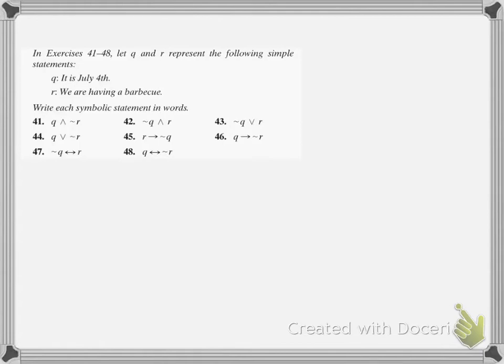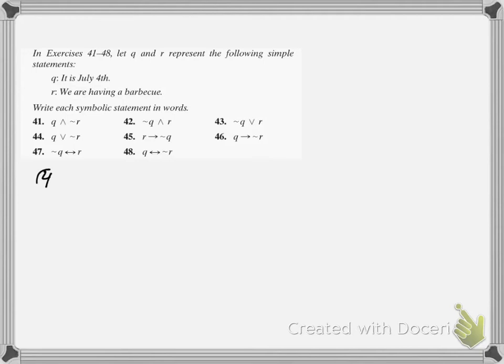Okay, let's do some more problems from the book. So now what they're going to do is they're going to give us some statements. Okay, this one and this one right here. Okay, and now that we have those two statements, we're going to look at the symbolic logic, and we're going to try to use this symbolic logic representation to word these statements accurately. Okay, so let's look at number 42.